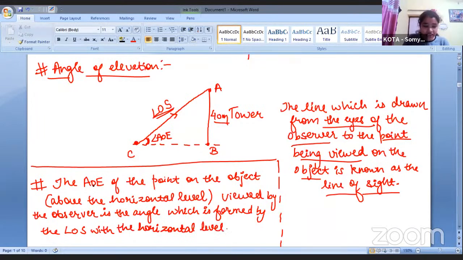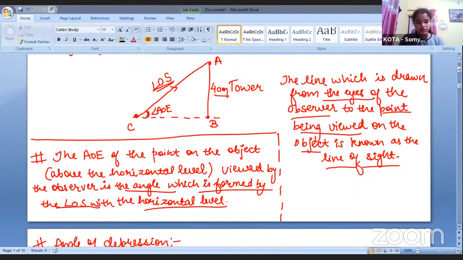But then too, the angle of elevation of the point on the object above the horizontal level viewed by the observer is the angle which is formed by the LOS. So basically just remember this part: the angle which is formed by the LOS with the horizontal level. It is talking about the horizontal level and not about the ground. Remember this. Okay. So LOS with the horizontal level. This is known as the angle of elevation.